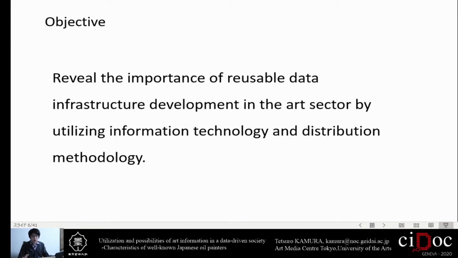This study's objective is as follows. We reveal the importance of reusable data infrastructure development in the art sector by utilizing information technology and distribution methodology.